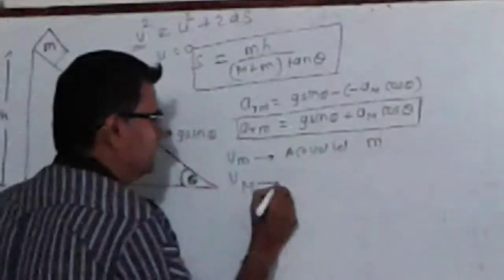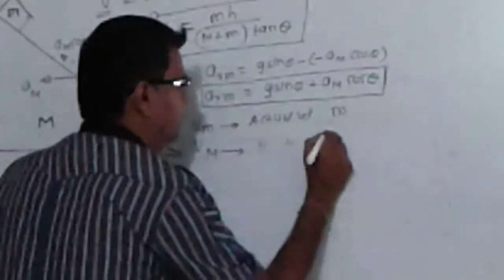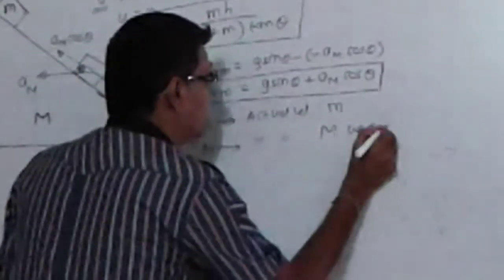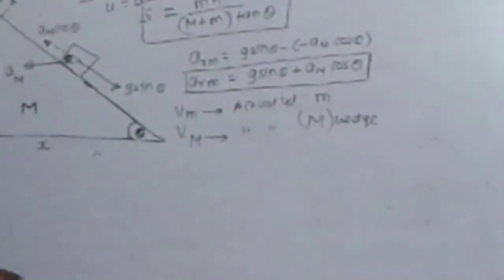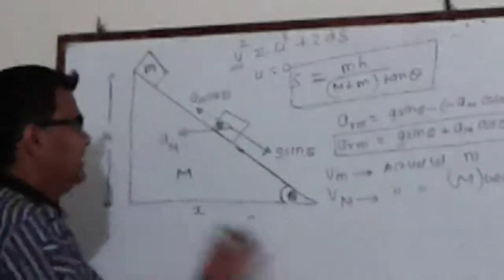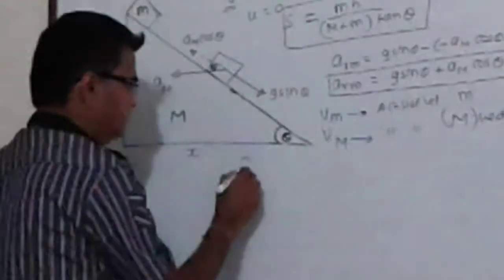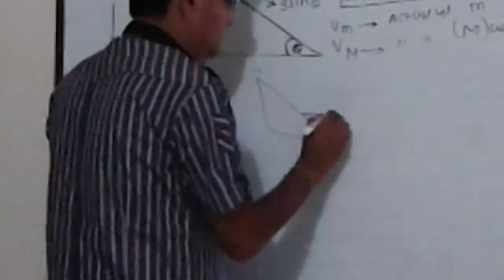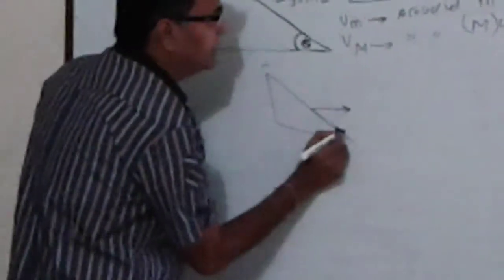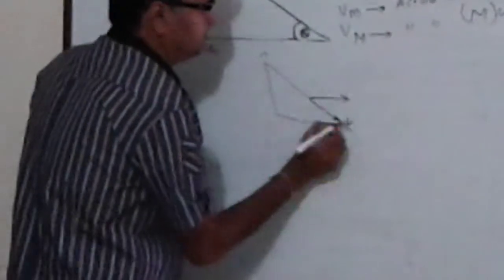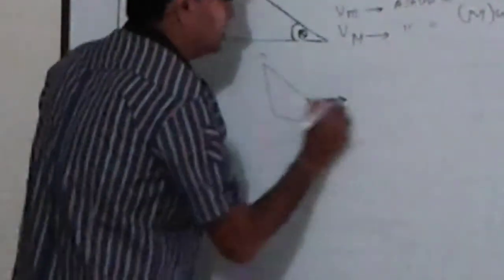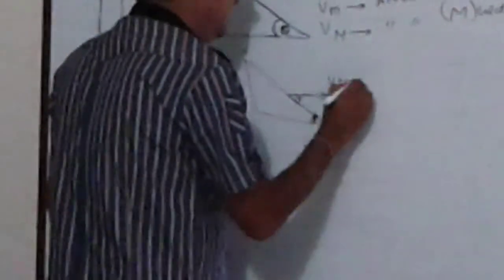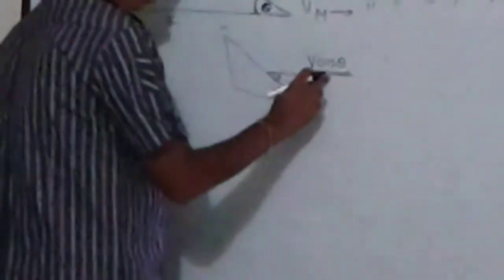V capital M is the actual velocity of the wedge whose mass is M. Let us apply the relative velocity term in the horizontal direction. You can see here, if v is the relative velocity, then in the horizontal direction the relative velocity will be given by v cos theta.